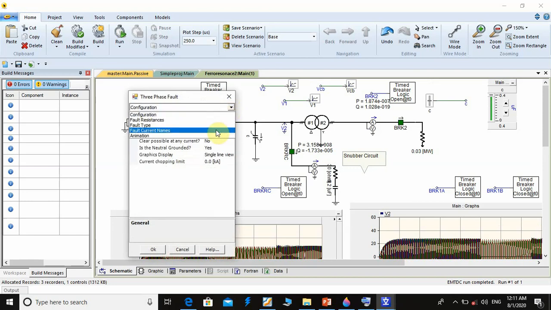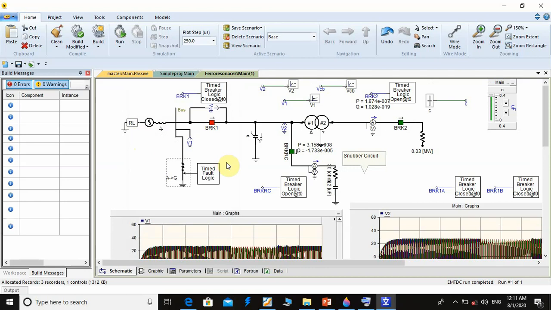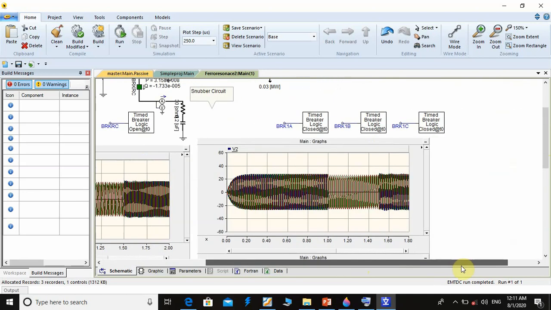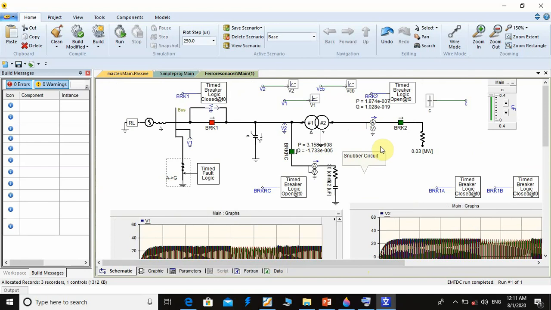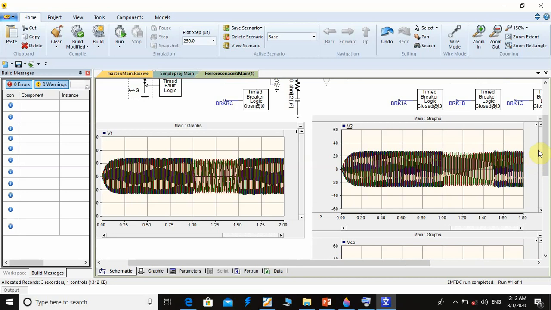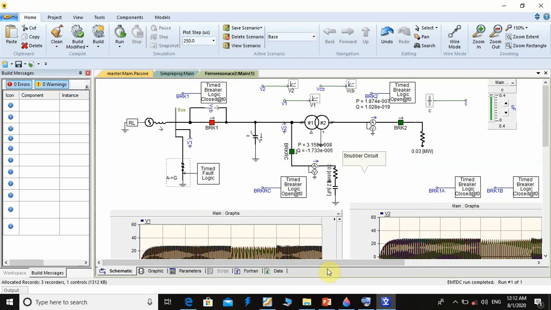Let us see, the fault resistance is very low and the earth fault current is very high, and we have a 2 kilometer cable here. There is no problem for voltage when the earth fault is cleared at 1.5 second. There is no problem.